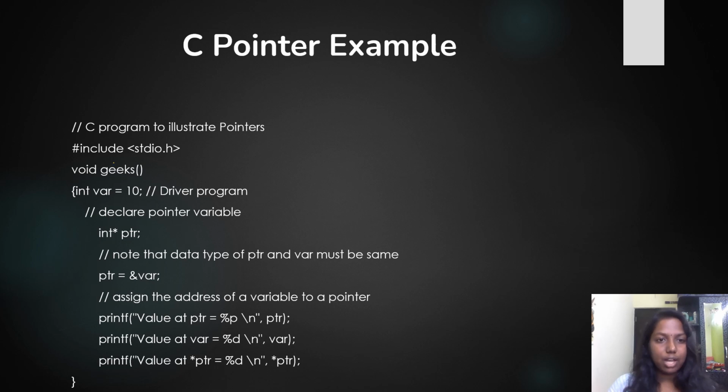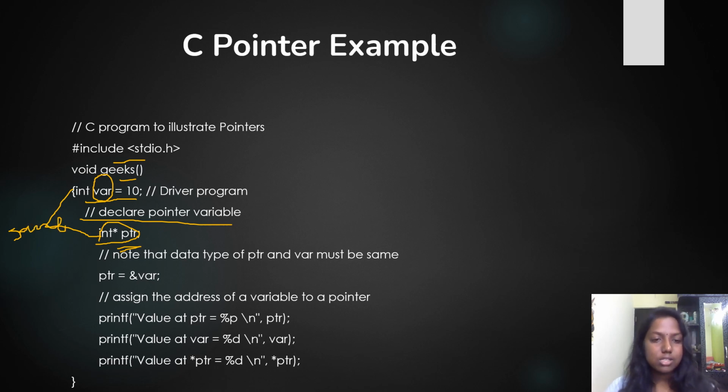We have the include, void main, and we've initialized var. Now let's declare the pointer using the dereferencing operator. Here we need to note that the pointer variable and the variable it points to both need to be of the same data type.